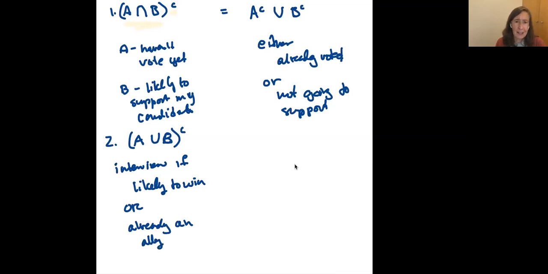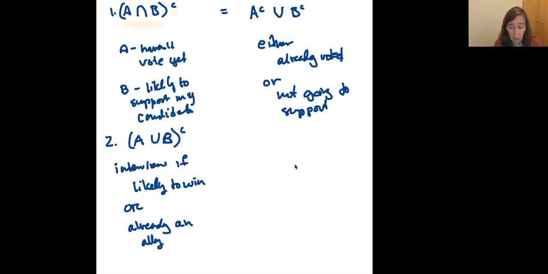So if somebody's running and you don't really think that they're going to win, but they are actually really on your side, they came out of the union you're a part of or something like that, you want to interview them anyway. So you want to interview them if either thing holds.